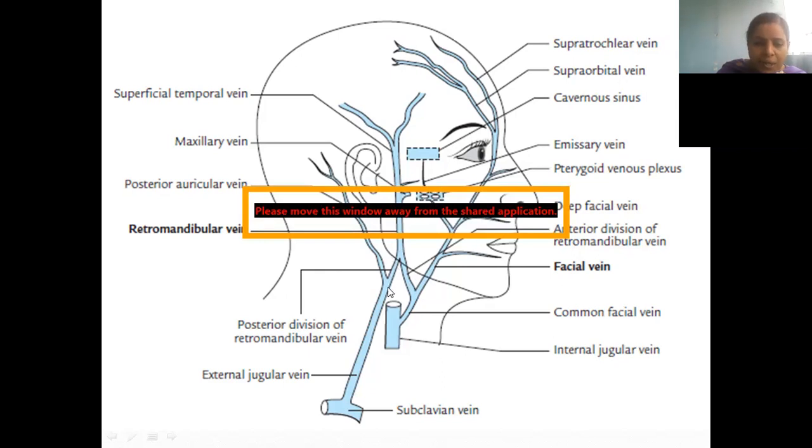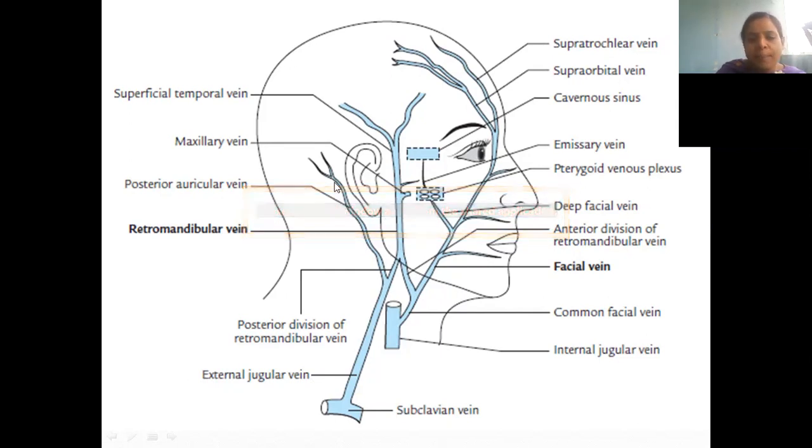Posterior division is draining with the posterior auricular vein. This we discussed twice. When we were doing external jugular vein also, I told you. When we did parotid, when we did external jugular, I told you the posterior division of retromandibular vein and posterior auricular vein, both of them are joining and draining in the external jugular vein.